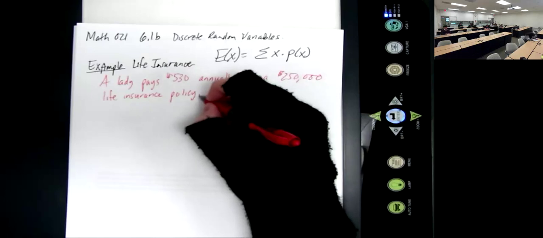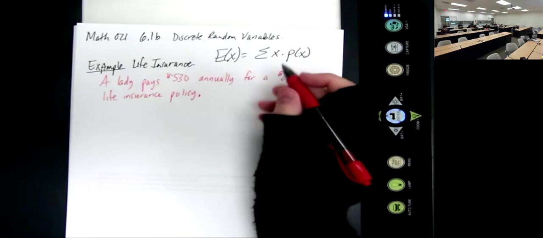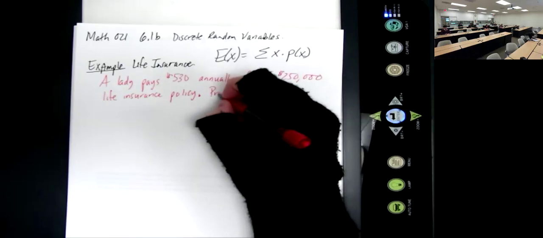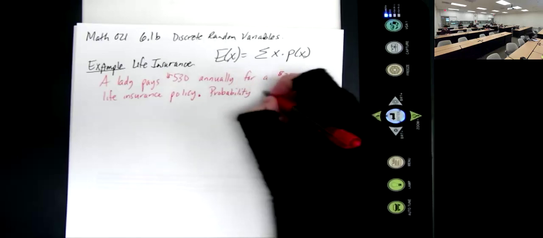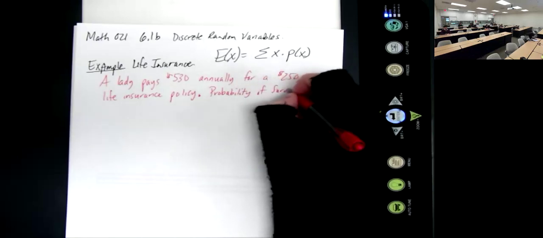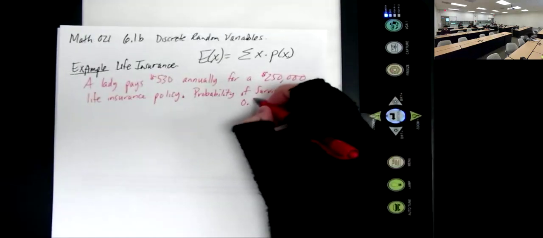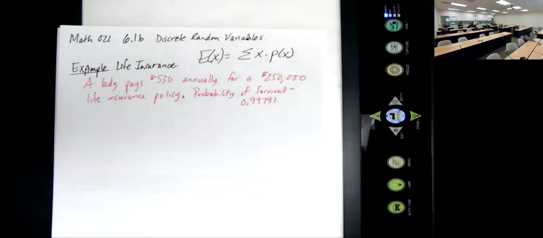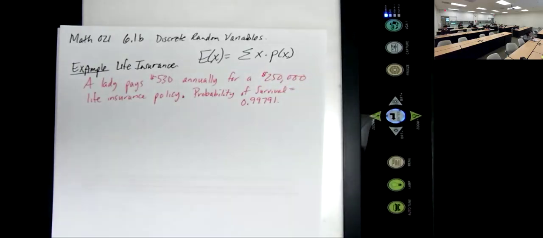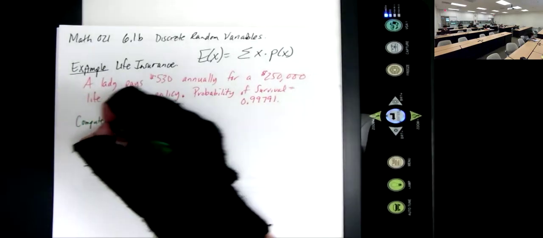Looking at people in her age bracket, health, smoking, weight, all that, the probability of survival is pretty good. It's 0.99791. Our goal is to compute E of X for the insurance company.